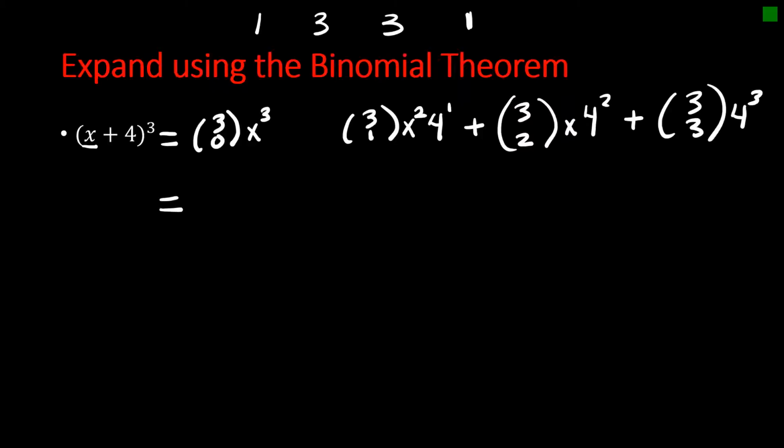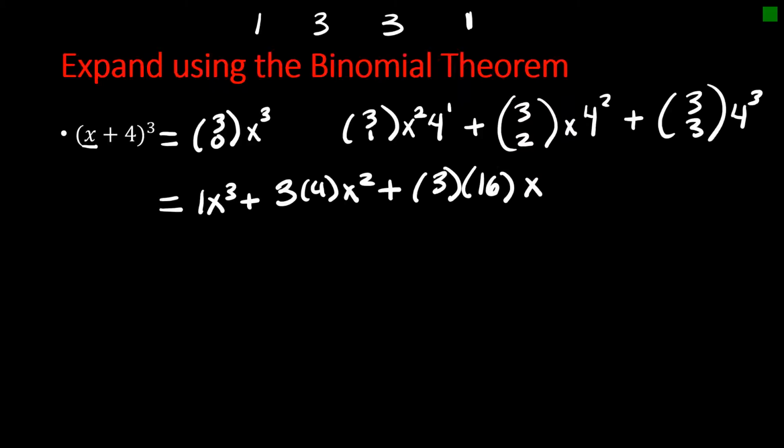And then now we just need to simplify. So 3 combining 0, doing it on your calculator using the formula that we had, or remembering Pascal's triangle, is 1. So it's 1x cubed plus 3 combining 1 is 3, 3 times 4x squared, plus, again, 3 combining 2 is 3, 4 squared is 16, and that's x. 3 combining 3 is 1, and you have 64.